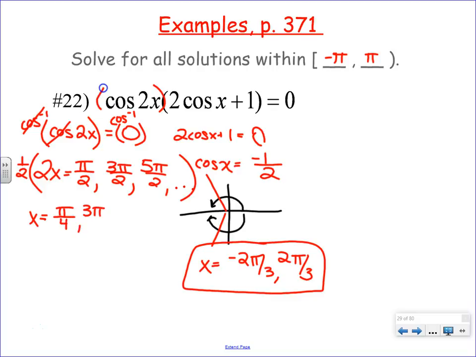Oh yeah, this one now is legal. Now, wait, is this one legal? No. So I don't need to go any further positively because it's illegal. But what did I not do yet? Oh, I didn't go negative. Negative π/2 is going to become negative π/4. And negative 3π/2 is going to become negative 3π/4.